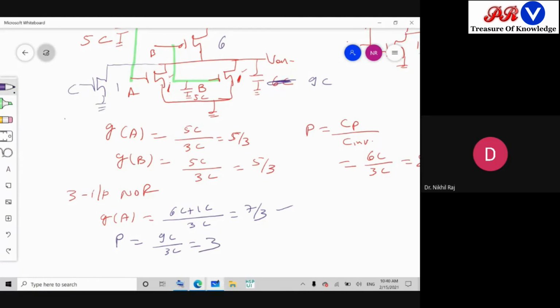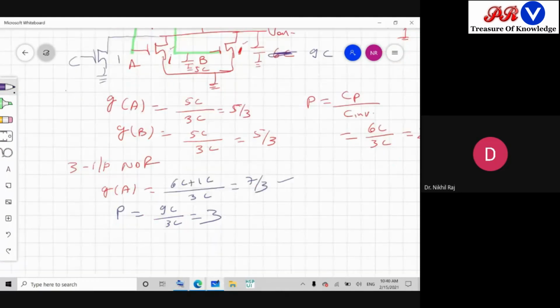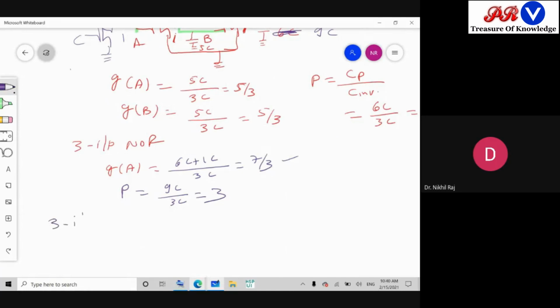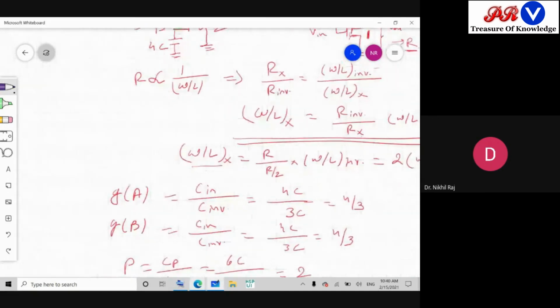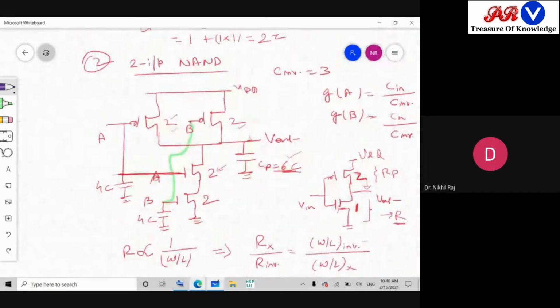ठीक है. Now very fast can you do it for a 3 input NAND gate? I will show you the NAND gate architecture. Now 3 input is there. So pull up में क्या आ जाएगा? So let me draw here. 3 input is there. यहाँ एक MOSFET आ जाएगा. Sorry, PMOS.